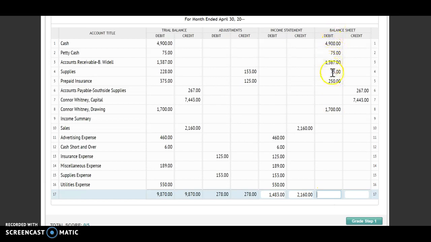Now I'm going to add up my balance sheet debit column. I get a total for my debit column of $8,387. And then I'm going to add up my credit column.